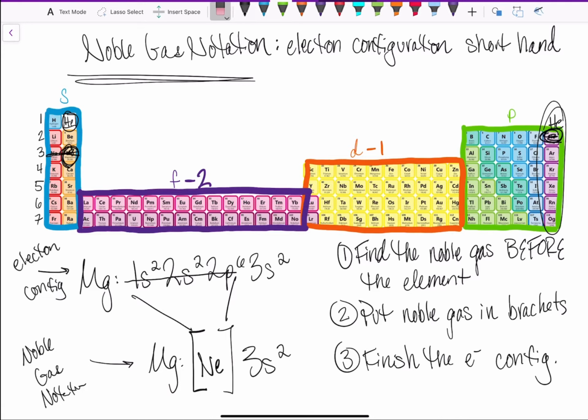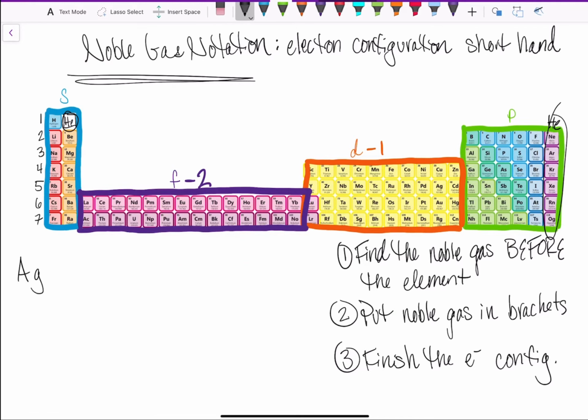Let me show you another example. Let's look at silver. Silver's Ag, number 47. So if we backtrack, our noble gas that comes before silver is krypton. So that's the one before it. Let's put it in brackets. Kr in brackets. Then we finish out the rest of the configuration.